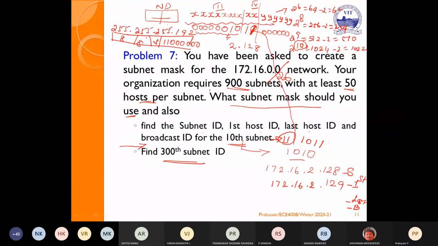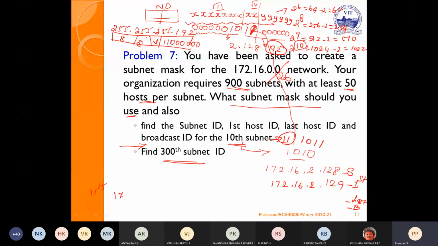What is the decimal equivalent? This is 2. What is the equivalent for this last part? 192.